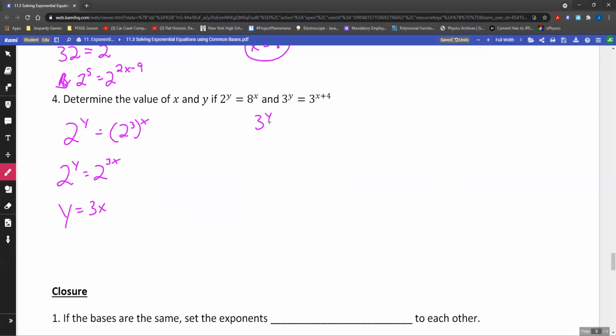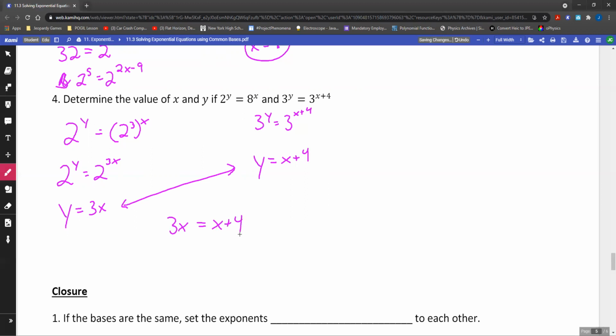So we get 3 to the y equals 3 to the x plus 4. Now these already have the same bases, so I can set their exponents equal to each other. That's as far as I can go here. But notice that I now have two equations where I have y equals something with x. So I can set them equal to each other, since this equals y and this equals y.